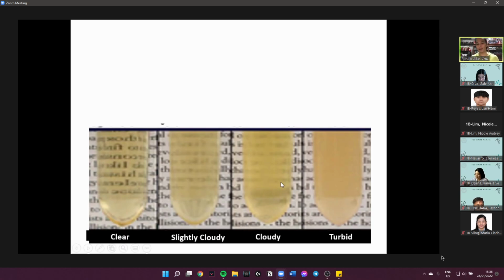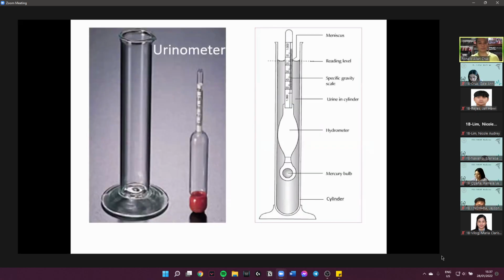More so if you have a cloudy specimen. If you're not able to see the text already or if the sample is opaque, then it's turbid, no? Now, usually a turbid specimen would have high amounts of solutes, most especially proteins. So again, if you test it for proteins, it should be positive, more or less. No? So you check for consistencies.